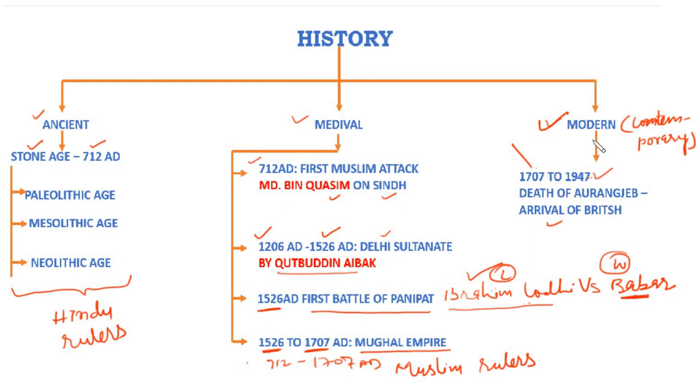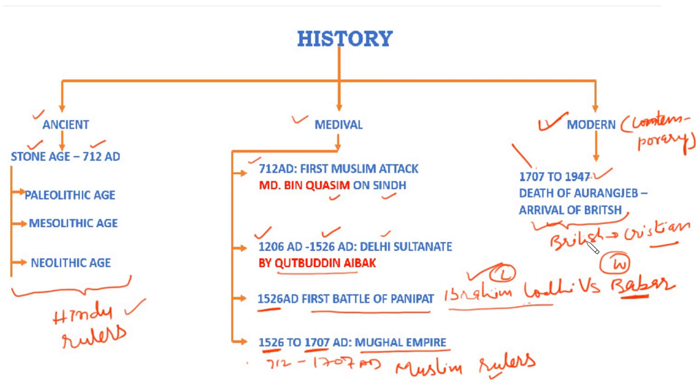This time is called modern history and contemporary history, right? So what we see here: this is the time of Hindu rulers, this is the medieval time of Muslim rulers, and this one is the time of the British, we can say the Christian Empire, right? So this is how we divide history.